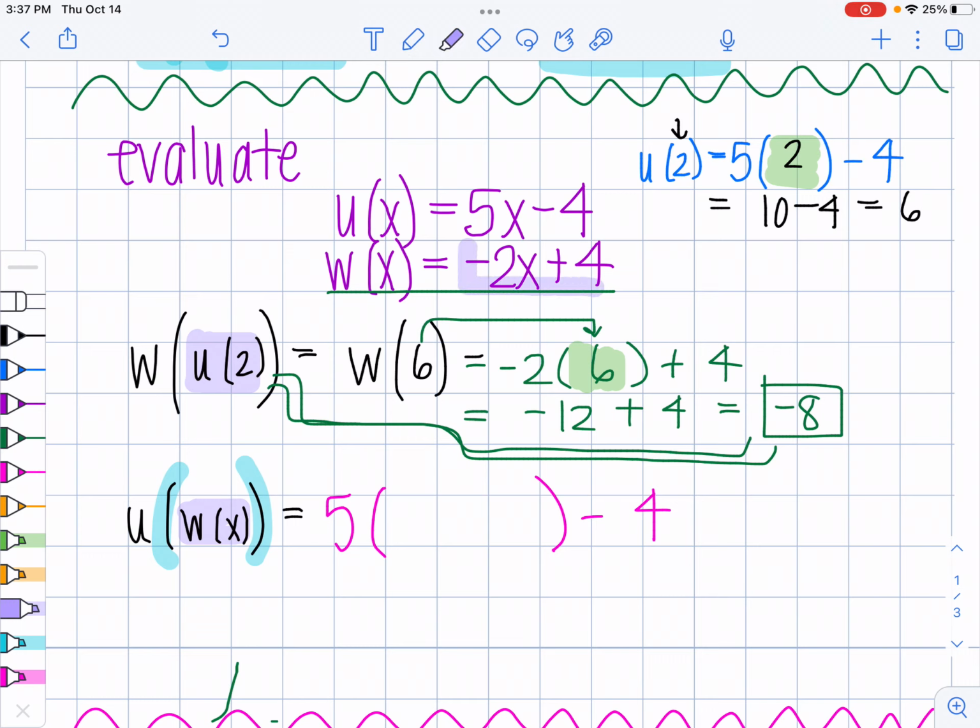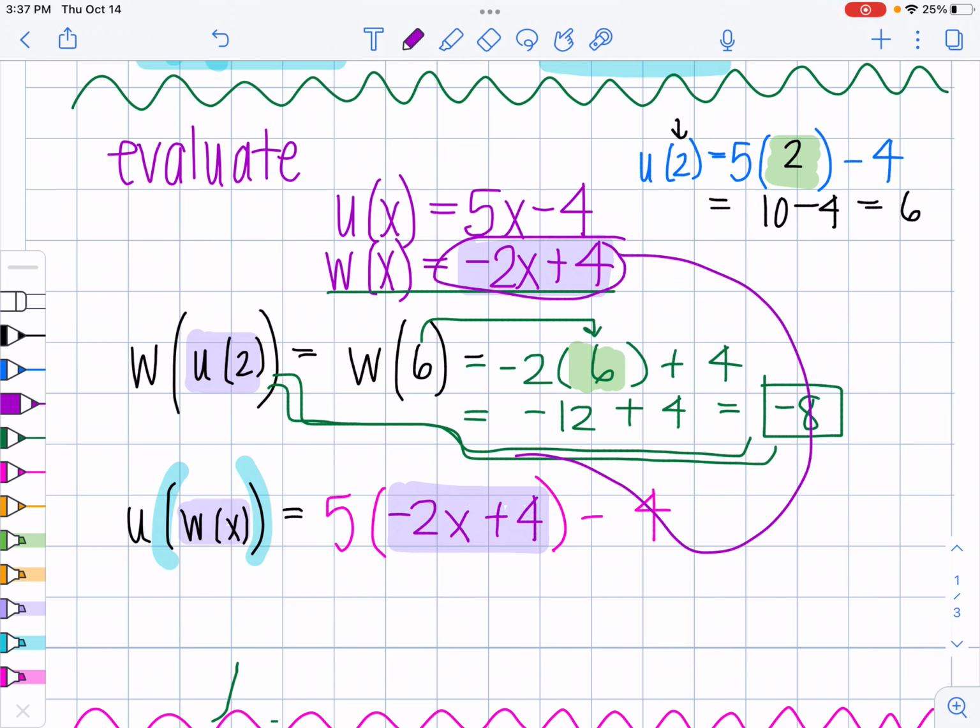So this whole part goes right here. So this becomes -2x plus 4. I took my function w, this whole thing, and I plugged it in where my x went in my function u.